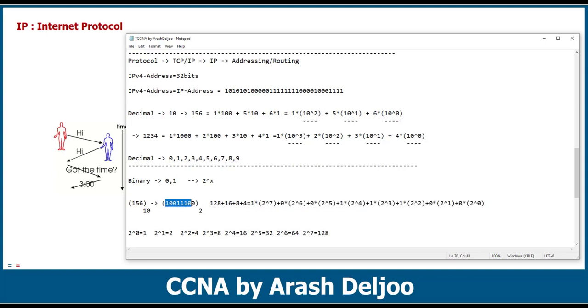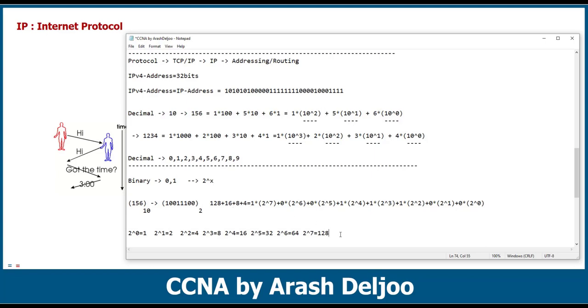Here we have 8 bits. As you can see, we are using only the 1 and 0, because of that this is binary. When you say that I'm using the binary basis, this means that you are using only the 0 and 1 in your number. Also, after that, you are using the factors of the power of 2.